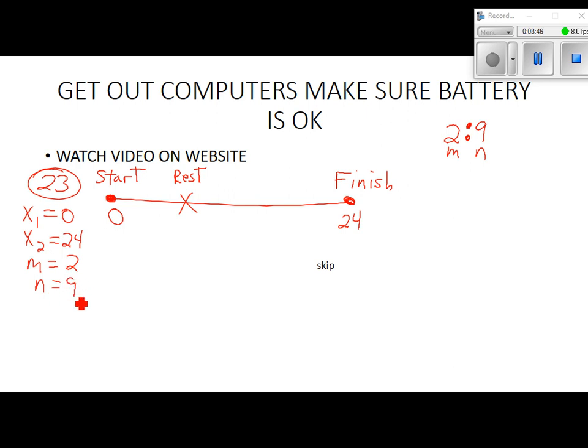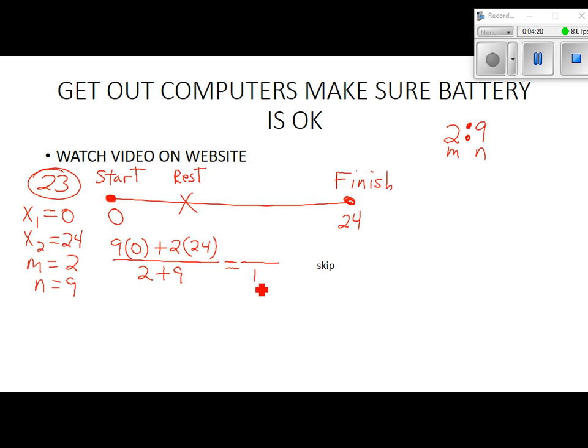Have out your calculator so you can help me here. N is 9, x1 is 0, plus M is 2, x2 is 24, all that over M plus N, so 2 plus 9. Remember on this one, in your calculator, punch in everything that's on top, do it first, write down that answer, and then on bottom, what's 2 plus 9?